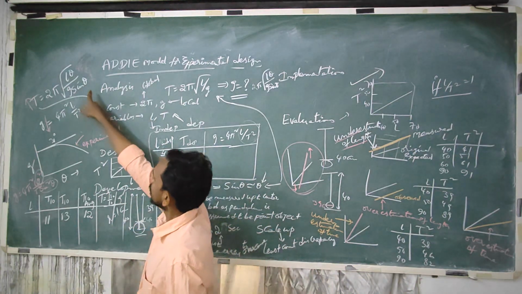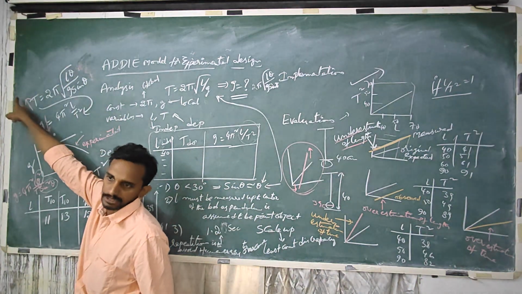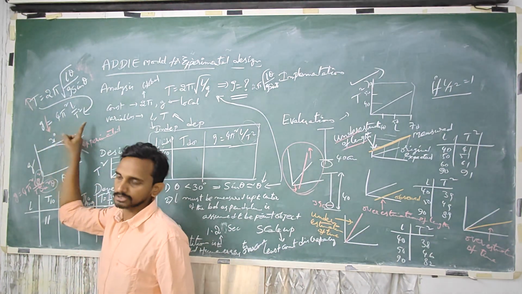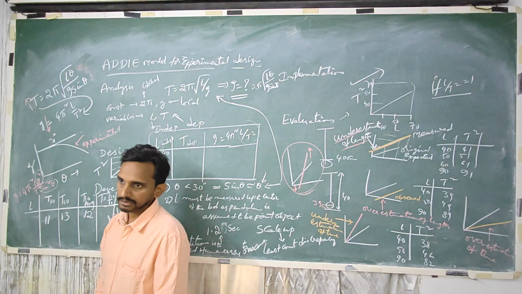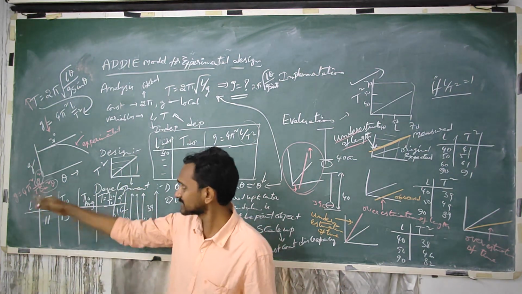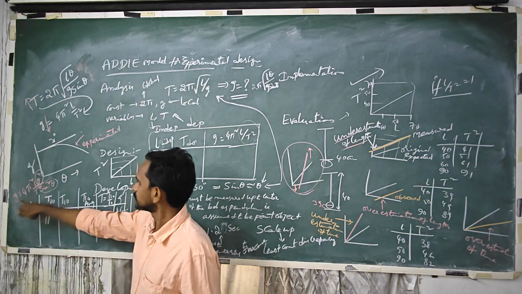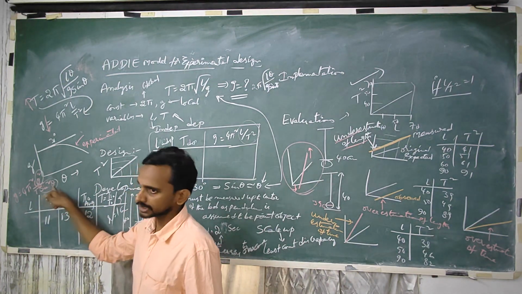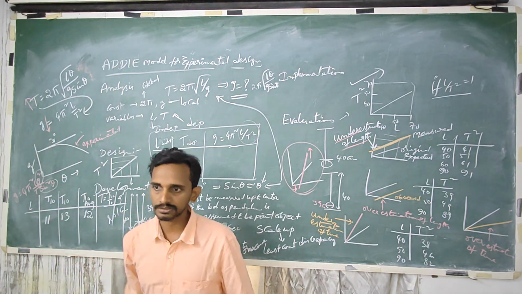So with theta by sin theta, when you measure the value of T, T increases, and when you substitute it back into g, the g value decreases. But if you just see the formula, g also contains theta by sin theta. For larger values of theta, the g value increases.